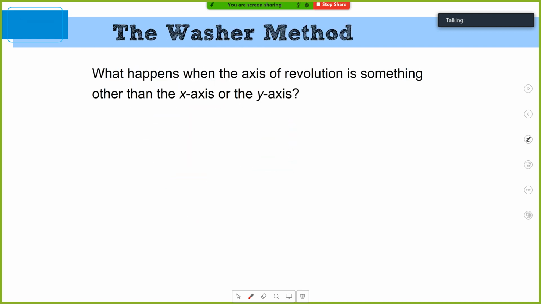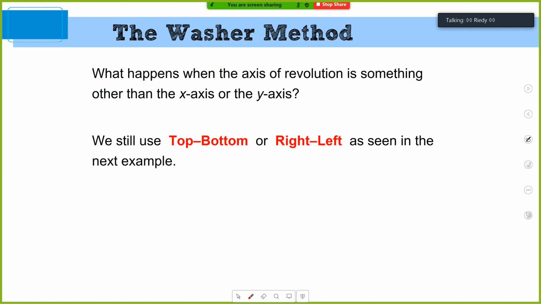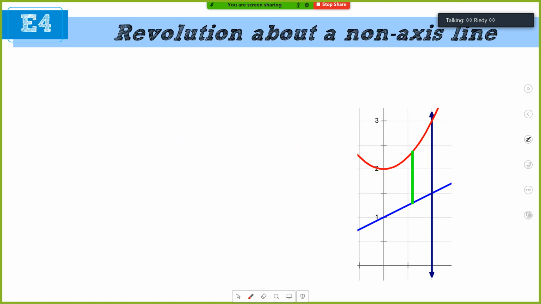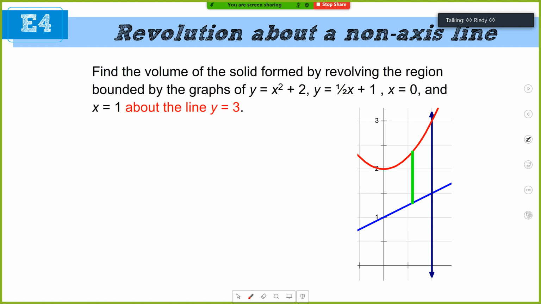So, there's our question. What if it's not the x-axis or the y-axis? This is where the top minus bottom becomes relevant. Okay. So here's my picture. I think we did something similar before. I've got a couple functions here. Let's color code this.